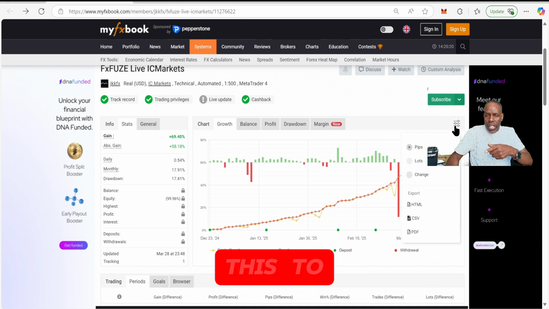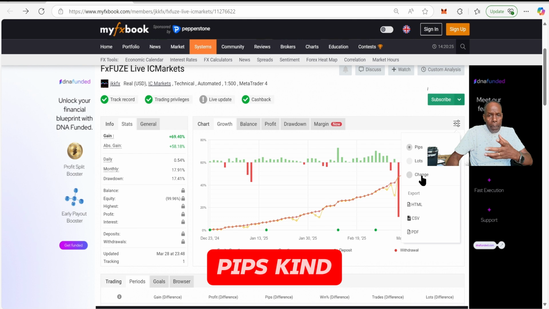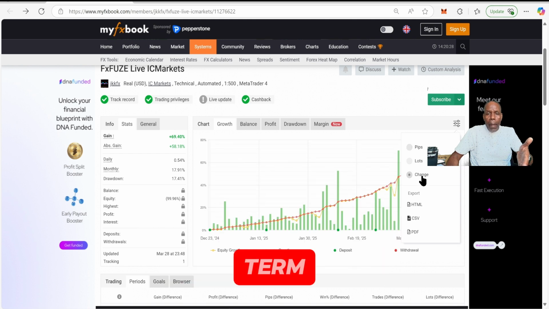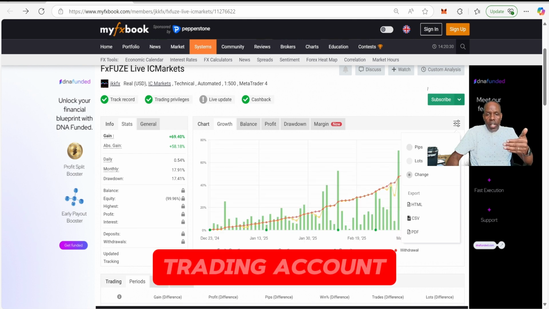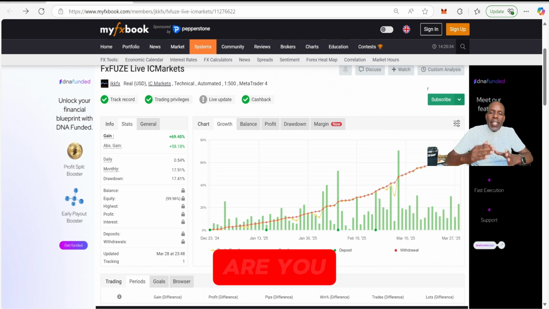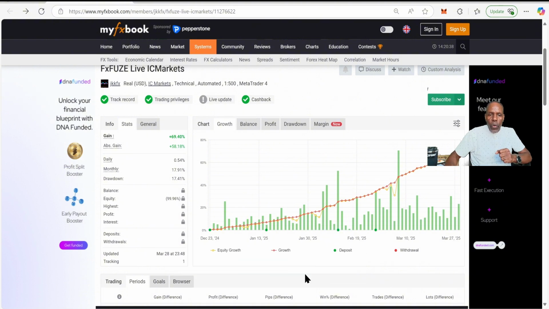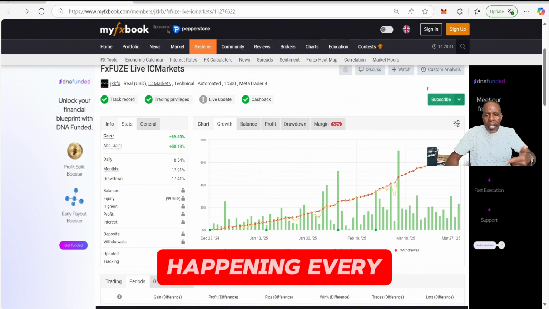Let me change this to percentage instead of pips. I realize that pips is a more technical term for what is happening on the trading account, but what is more important is how much you are making every single day, the changes that are happening every single day.